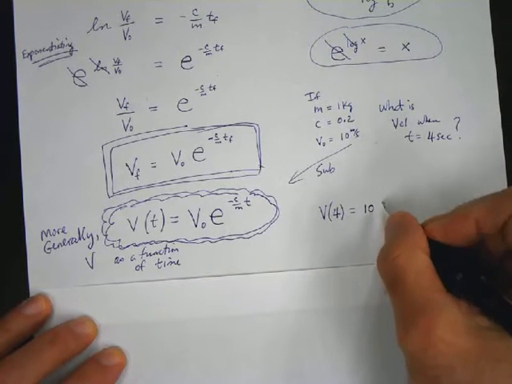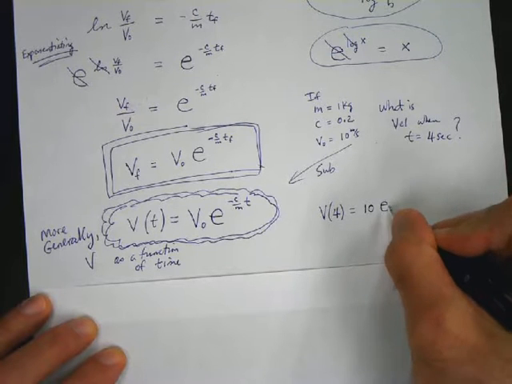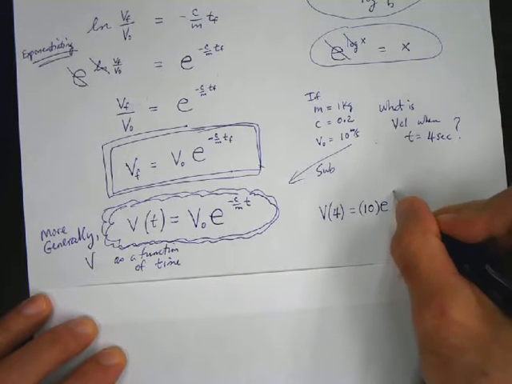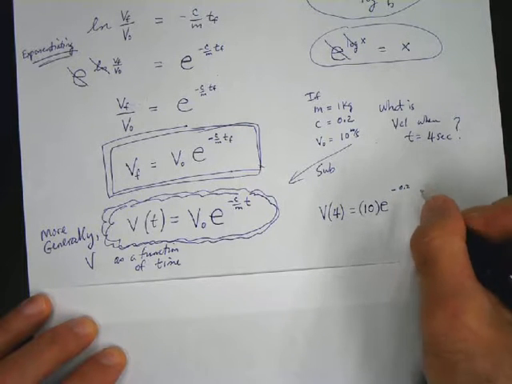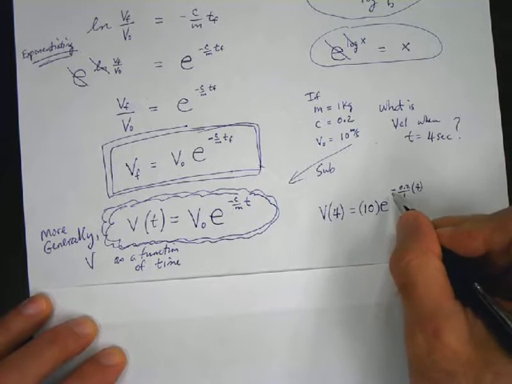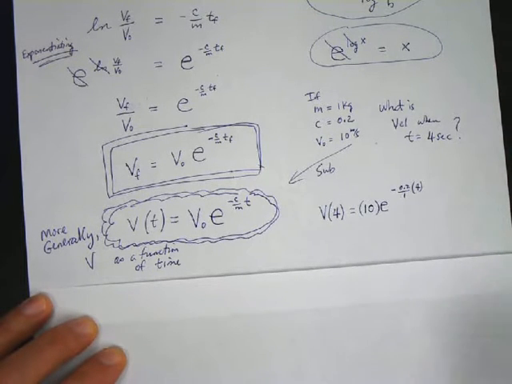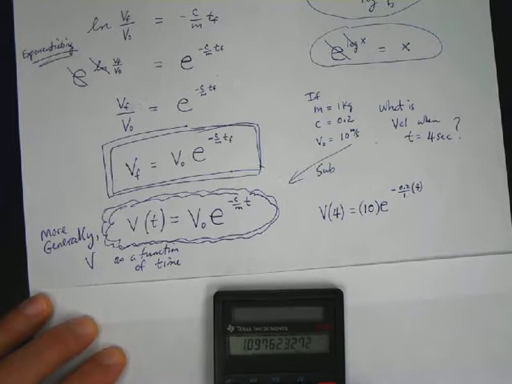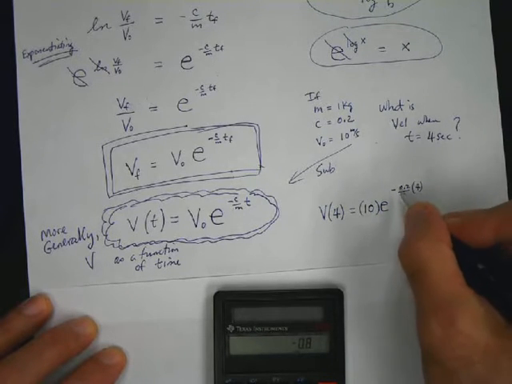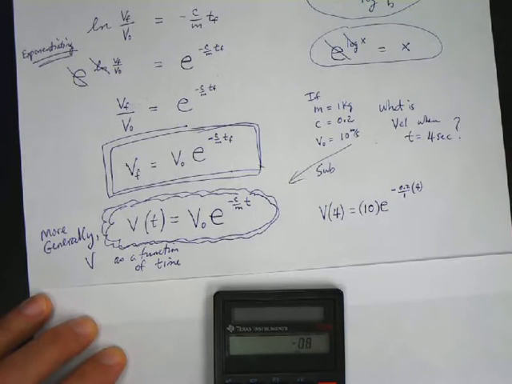So we could go ahead and substitute these things into there, and we get the velocity when t equals 4 seconds would be equal to the initial velocity v0, which is 10 meters per second, times e to the negative, and c is 0.2, mass is 1, and t is 4 seconds.